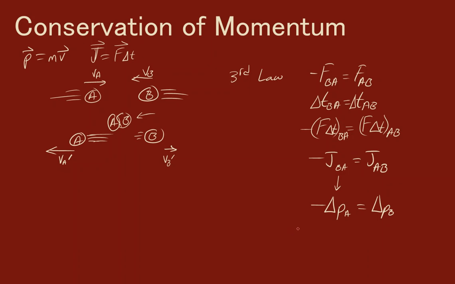So we get the mass of A ending with v sub A prime, and it started with v sub A. That was a negative, so it should be final minus initial. We're taking the negative, so we're going to do initial minus final. And over here, final minus initial.